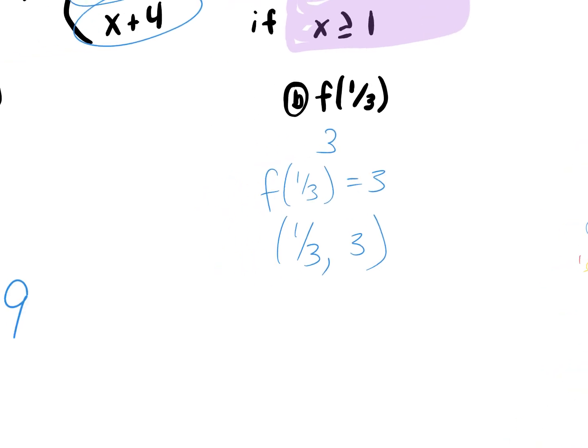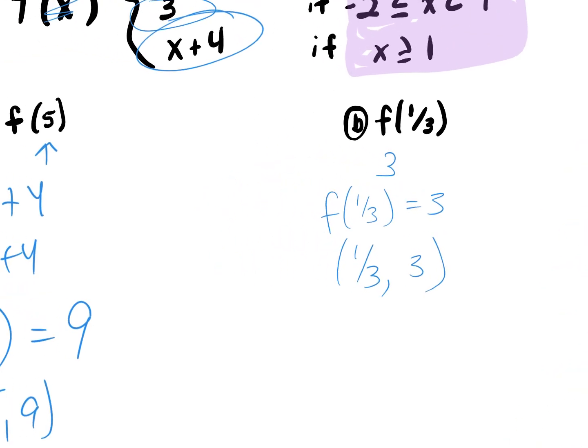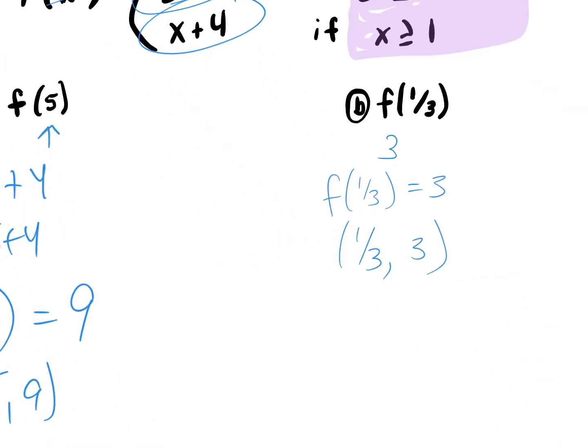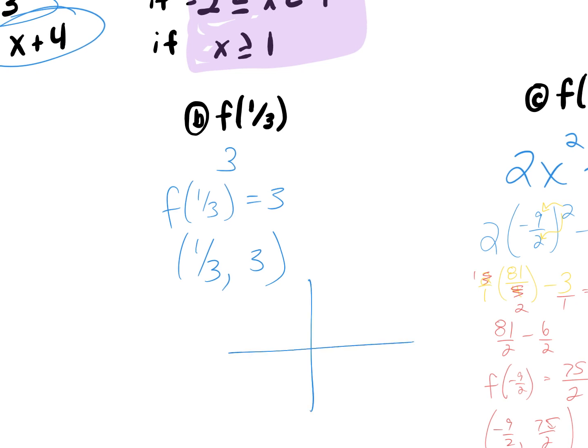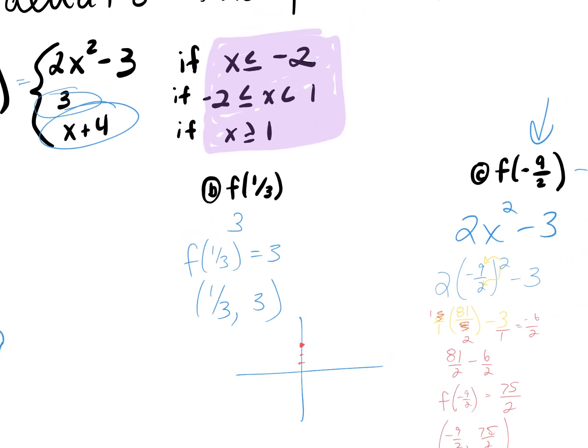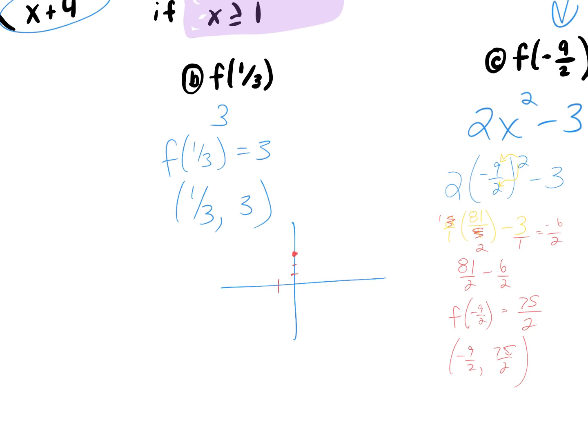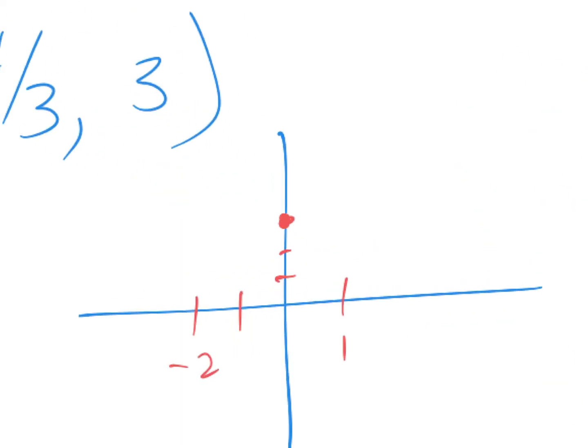What does that look like? Because remember, this is y, right? y equals 3. What does y equals 3 look like on a graph? 3 up. Okay, 3 up. It's a horizontal line. So what this would look like graphically is between negative 2 and positive 1, you have this horizontal line.